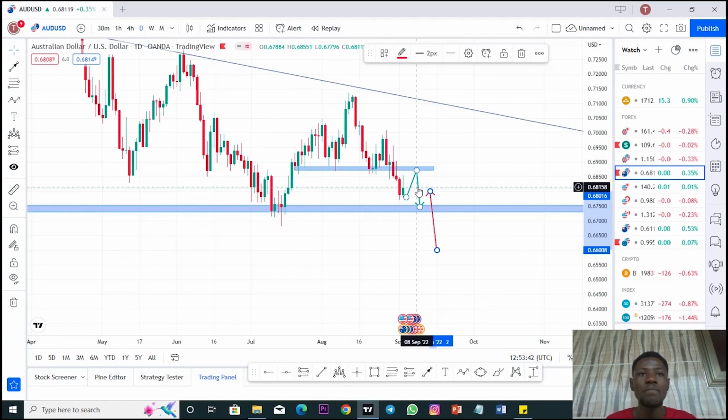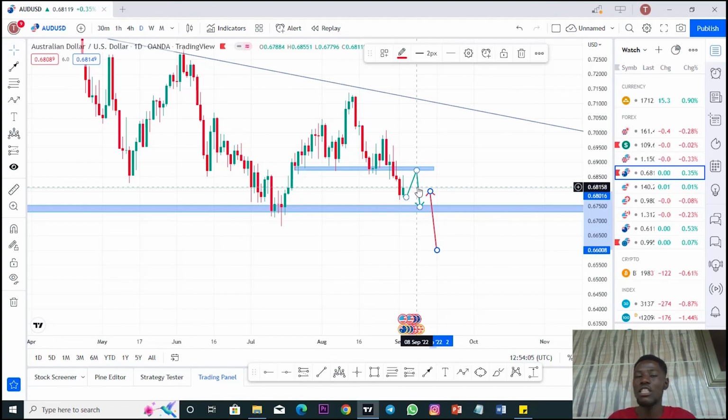Let me take it again. When these reversal patterns, the double top, the double bottom, and this head and shoulder reversal patterns, when they are created on the higher time frame, the monthly, the weekly, and the daily, it changes the whole market movement.